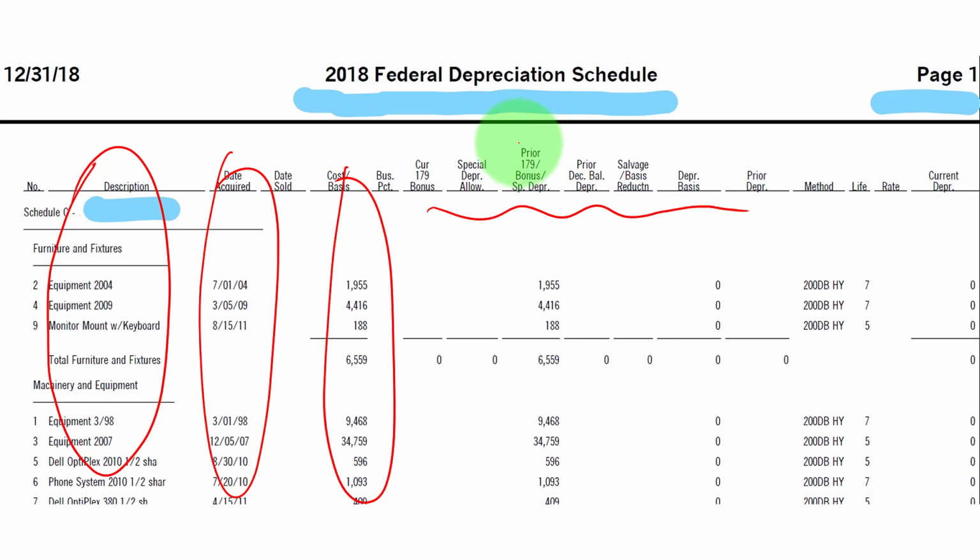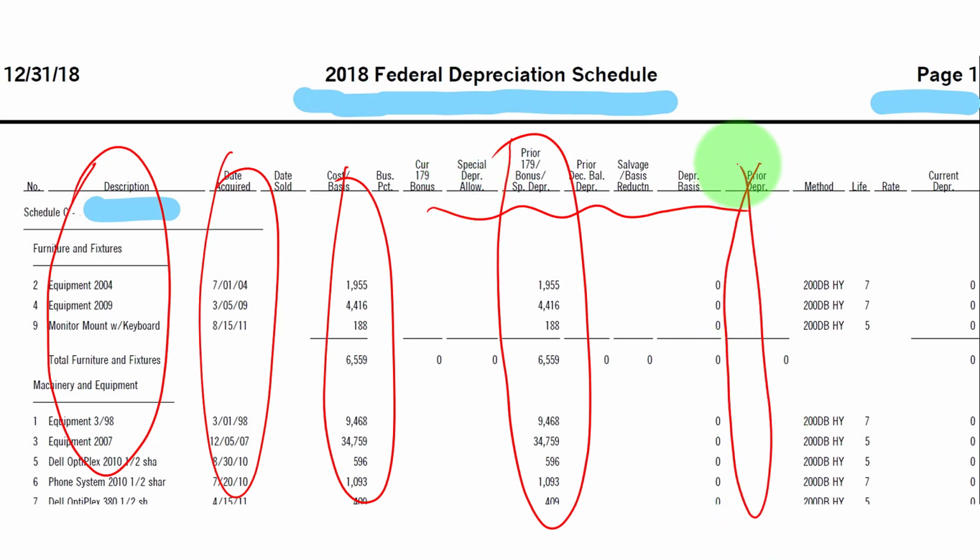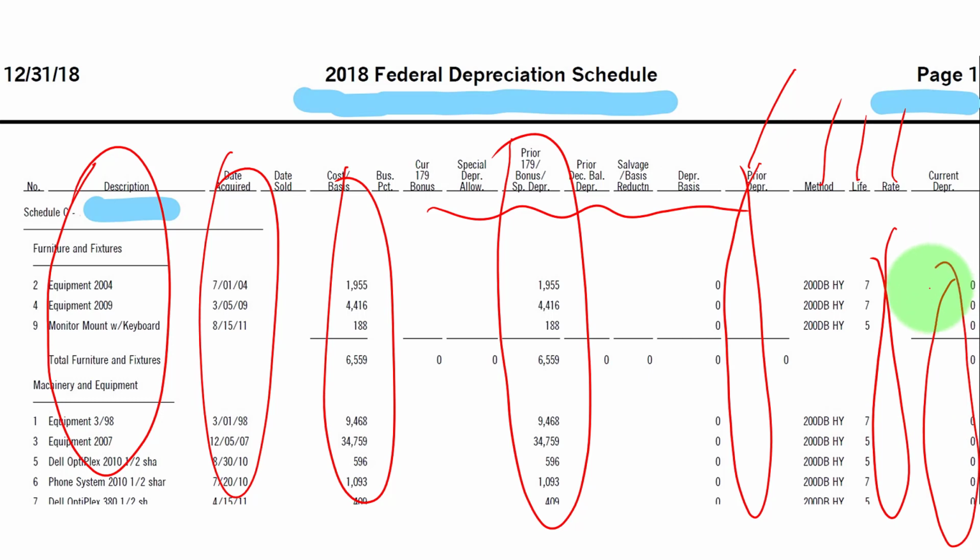Looks like in this example we took a 179 bonus for the whole thing, so there's no regular MACRS depreciation. Everything's depreciated upfront in the first year. But if we did do MACRS, here would be the method, here would be the class life, and then the rate for the current year. Again, we don't have any because we already took the bonus or the 179. And you would get the total depreciation for the current year that you now would report back on that Form 4562.